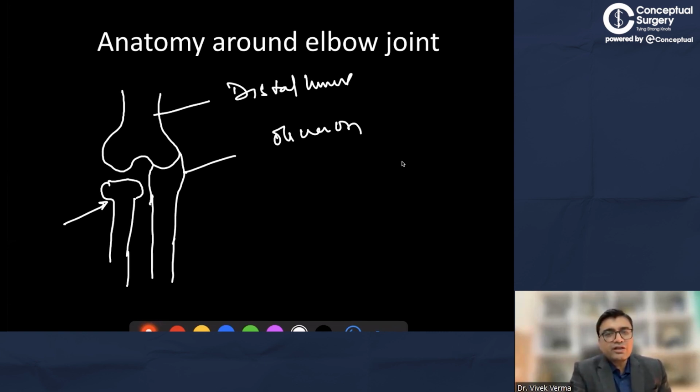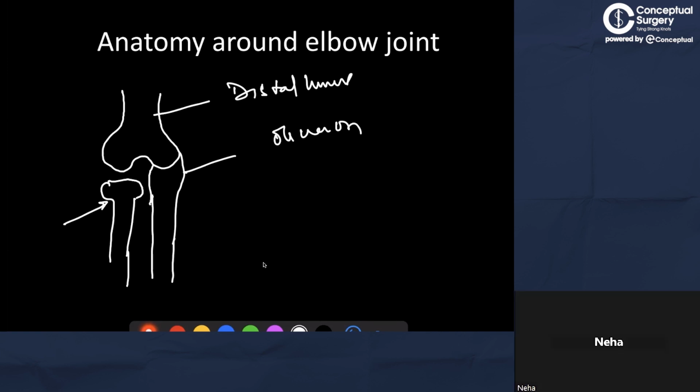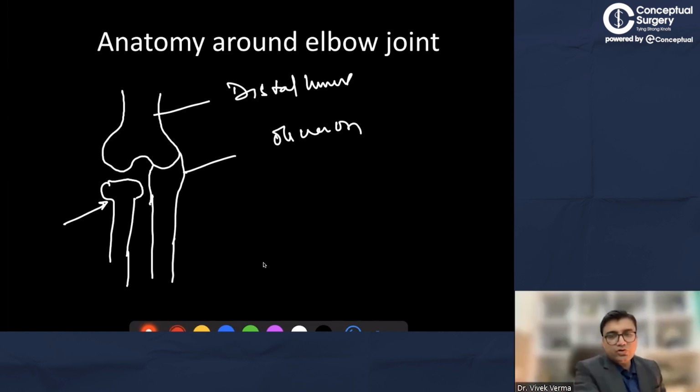Now, which are the important vessels and nerves that you find here? Brachial artery. Yes. This is important, because in orthopedics you probably never expose from above the elbow to the proximal forearm. Normally your fractures are intercondylar or in the proximal radius.